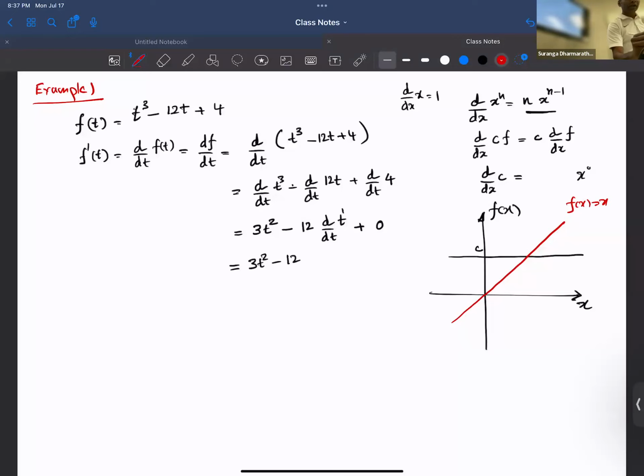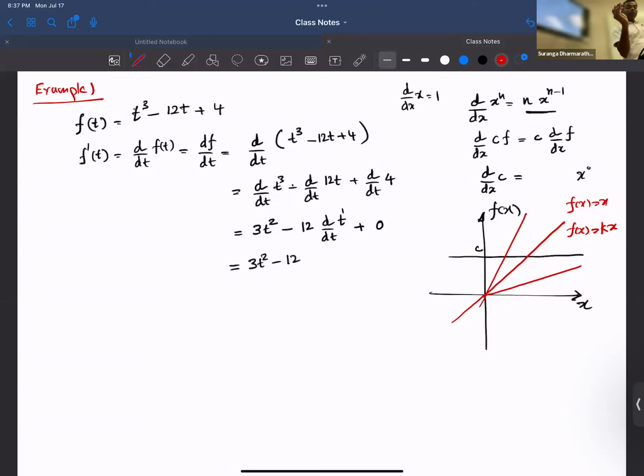Let's say you have f of x equal k times x. k can be any number. If k is greater than 1, it is steeper like that. If k is less than 1, it's flatter like that.